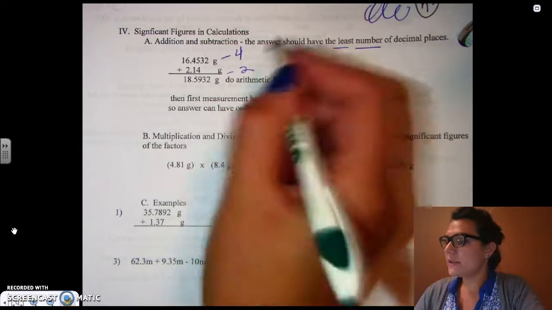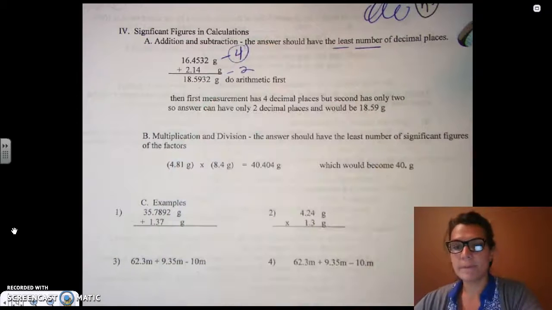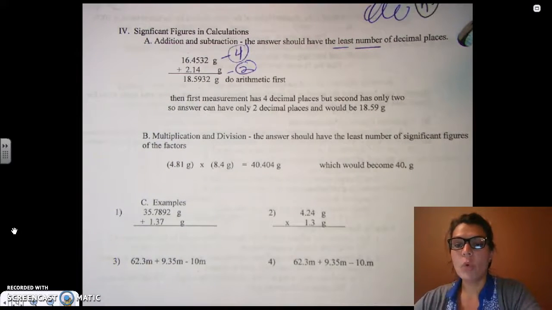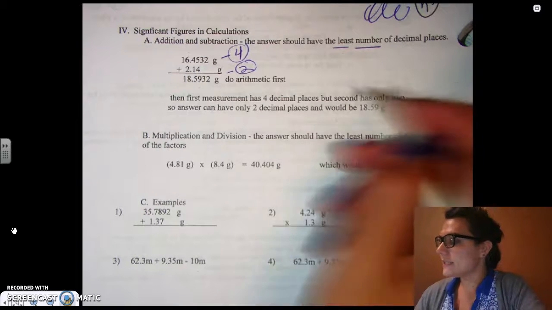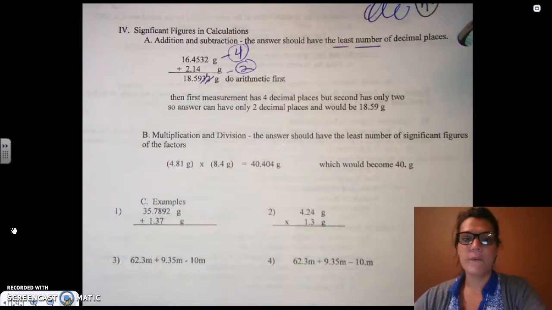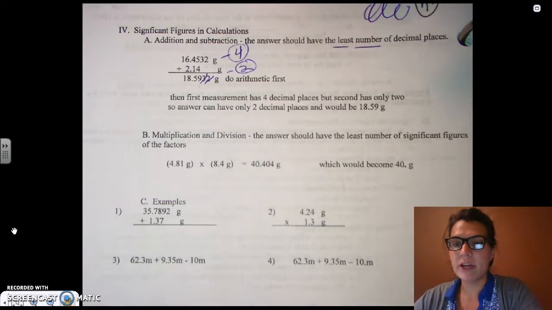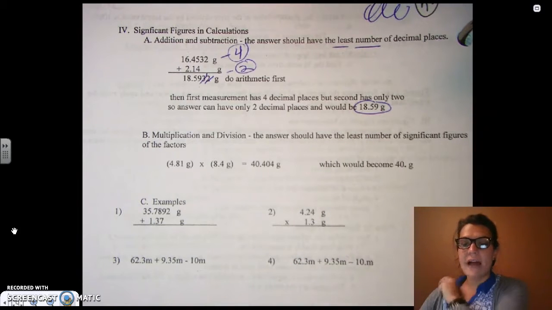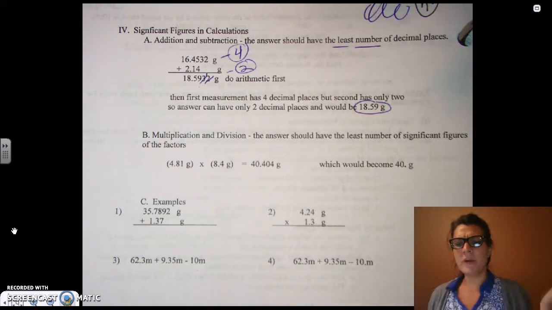However, since this one has 4 past the decimal and this one has 2 past the decimal, we're going to go with the smaller number of places past the decimal, and that'll be our answer. So in this case, the 3 and 2 are not going to be used in this value. So I'm going to end up with 18.59.